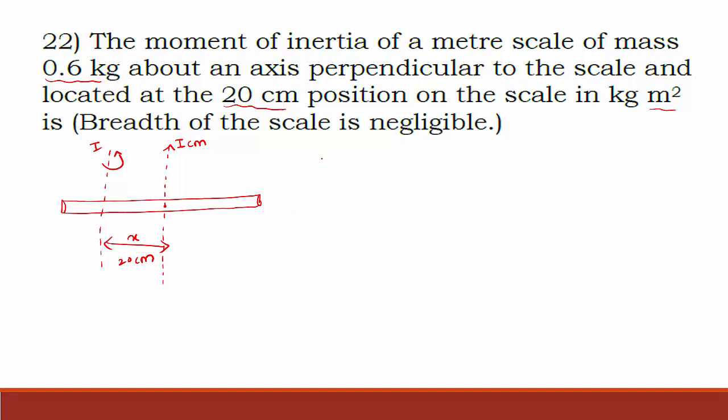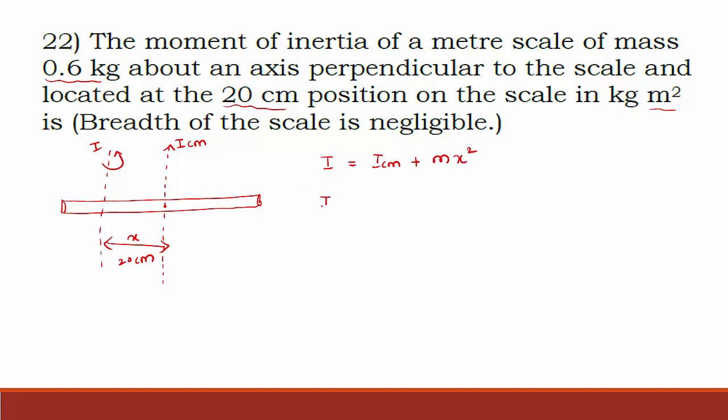Now from the given information in the problem, the moment of inertia is given by I equal to. See here, we already studied two theorems, the theorem of perpendicular axis and the theorem of parallel axis. Now here we can use the theorem of parallel axis. We have the equation I equal to ICM plus mr square, or we can take it as mx square.